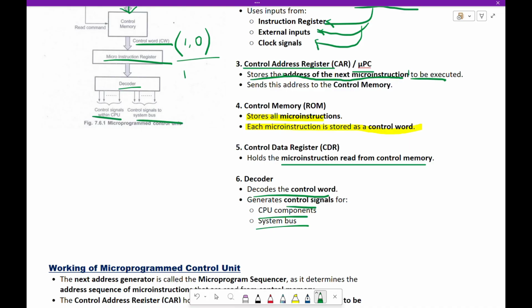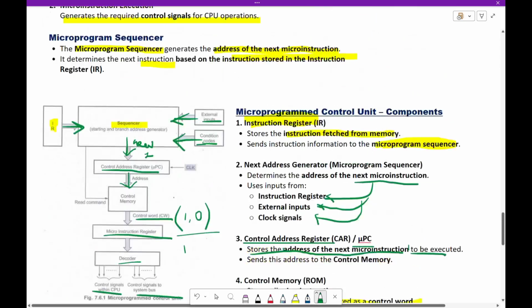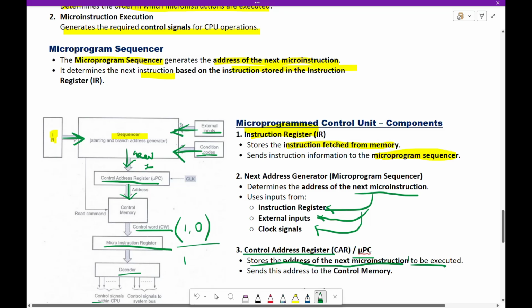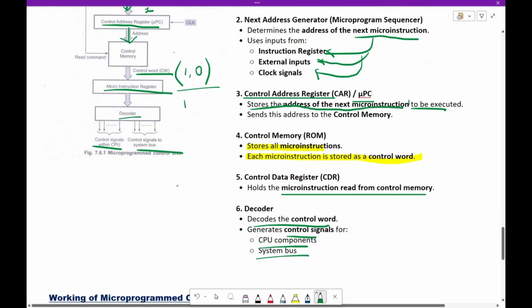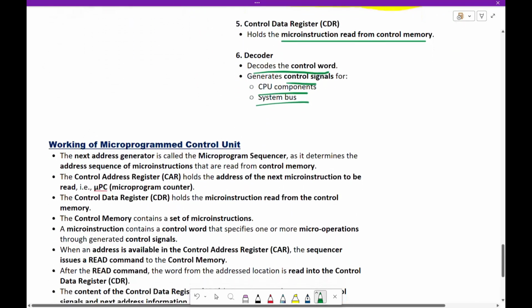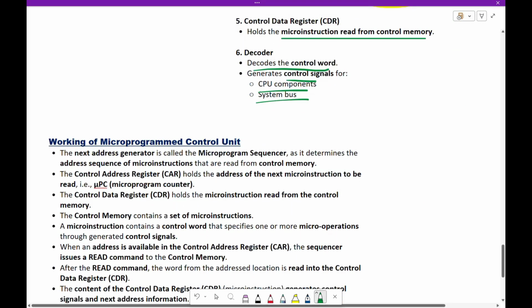So these are the microcontrol unit components which are used for the generation of control signals for CPU components and system bus.